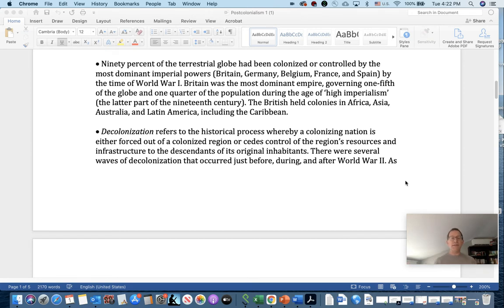Or cedes or gives up control of the region's resources and infrastructure to the descendants of its original inhabitants.